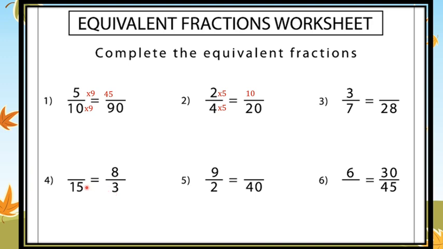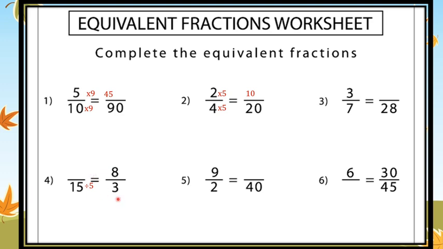That means this 15 is divided by 5. 5 threes are 15, or we can say 15 divided by 5 is 3. So if your denominator is divided by 5, the same concept is going to be used for division also. To find your numerator here, if your denominator is divided by 5, the numerator will also be divided by 5 only.